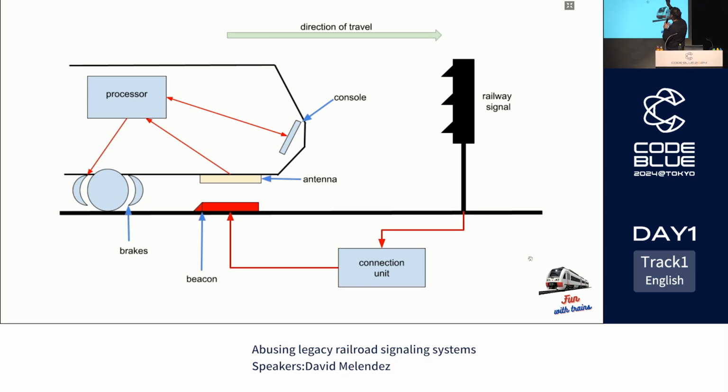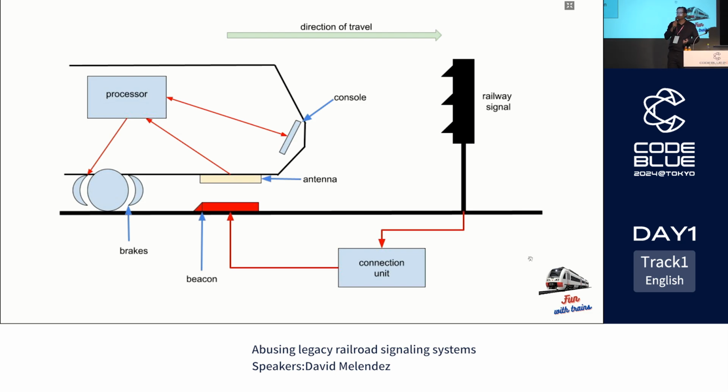We have a railway signal. That signal is connected to a connection box, and that connection box is connected to the command control. This connection box is also connected to a device on track. We call it a beacon or balise.